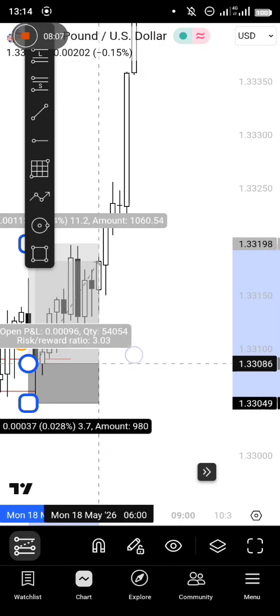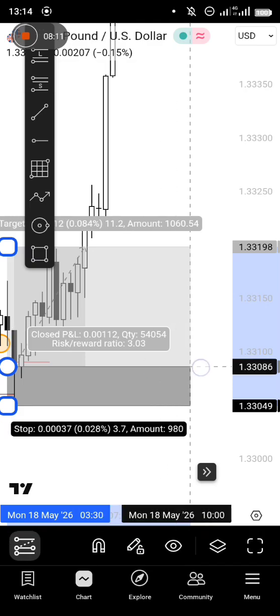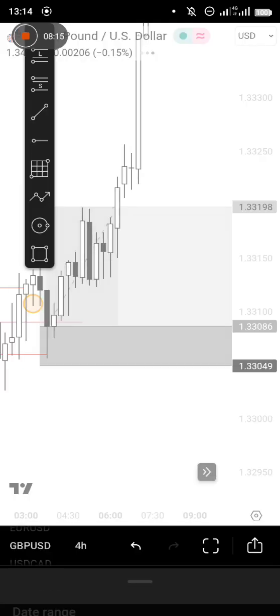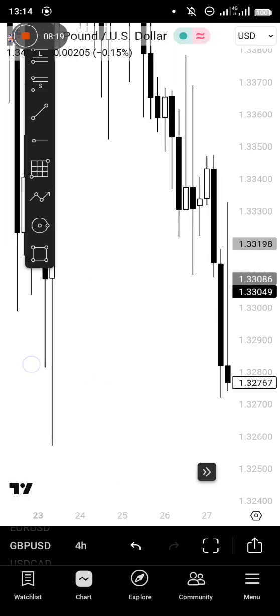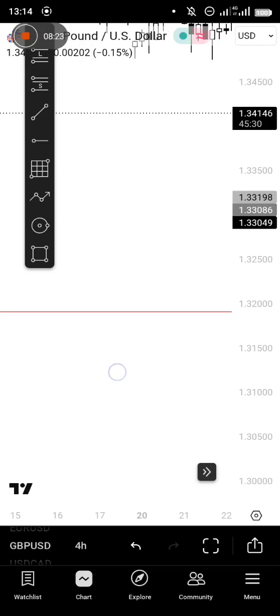Then what will I be looking for? I'm targeting the next logical key level, and let's switch back to the 4-hour time frame and see where that logical key level ought to be. Right, so where is it at?